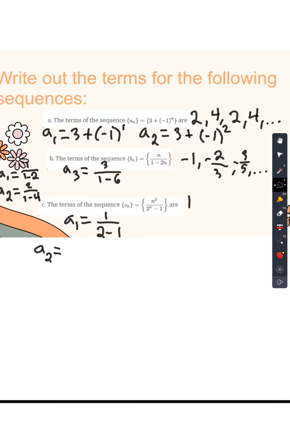My a sub 2, now we have 2 squared, which gives us a 4 up top, and then 2 to the second is also 4. Minus 1 gives us a 4/3. Plugging in a 3, I get a 9 up top. 2 to the third now gives us 8 minus 1, which gives us 7.